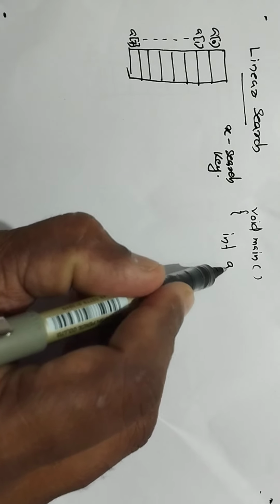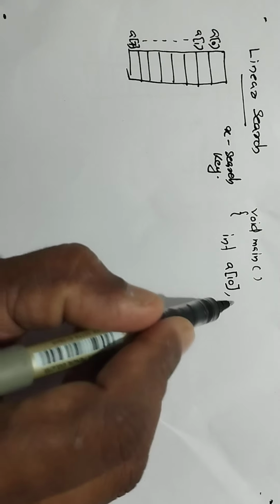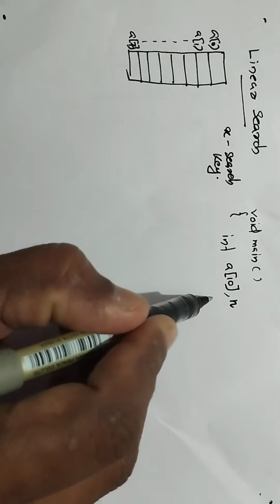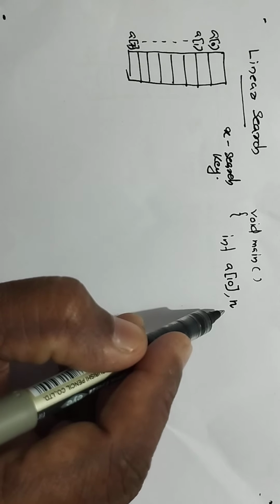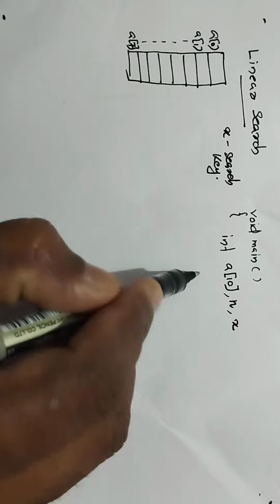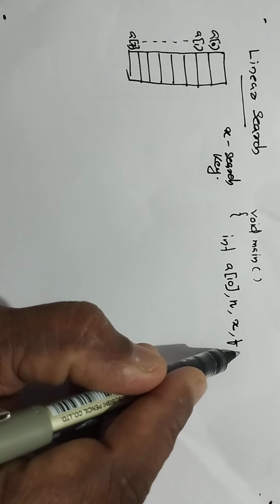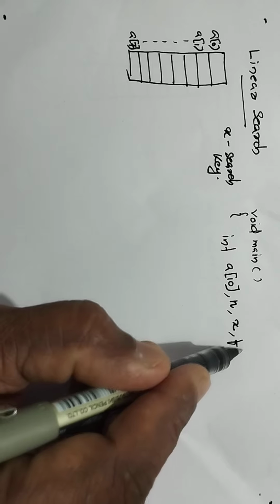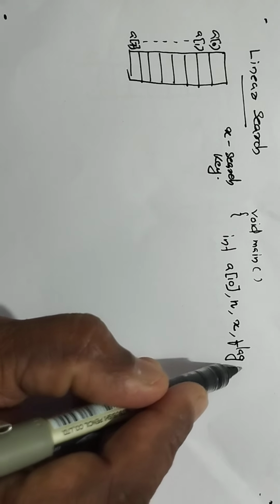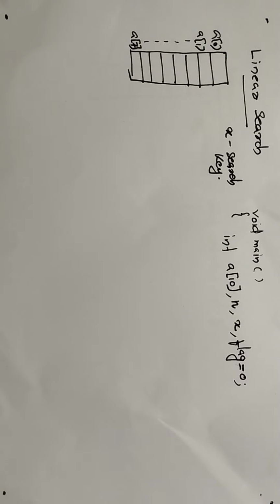First we need to declare the array for inputting values, and we need an n, which is the size of the array, the number of elements present in the array, and x is the search key, and we need one more variable. I will take it here as flag, which is initially declared as 0.